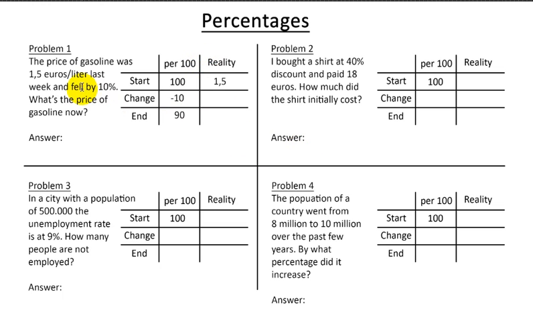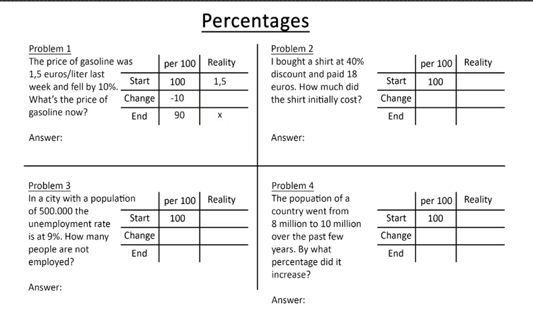And it's asking us how expensive gasoline was now, after the 10% decrease in its price, which means that we're looking for this. This box here that I'm going to leave empty is how much cheaper it got. So it's that 10% that we're no longer paying.